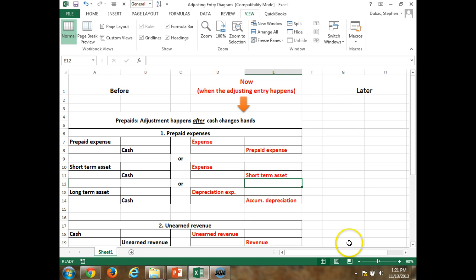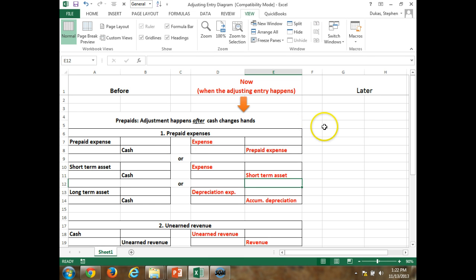For all of our prepaids, like we said, the cash event occurs before, and the adjusting event is happening today. So with the prepaid service expense, we've got a debit to expense and a credit to cash. That happened in the past. For example, you could have bought a magazine subscription a year in advance.